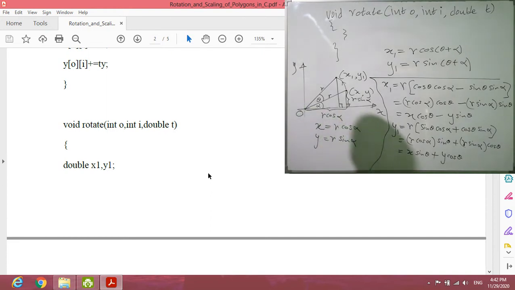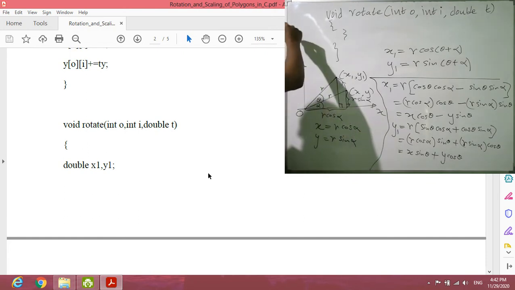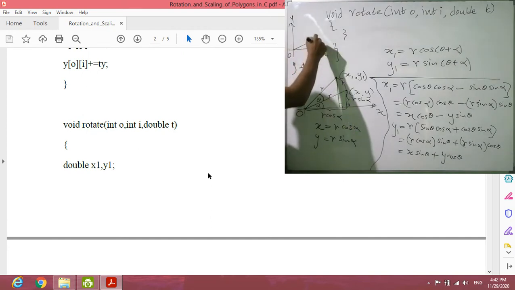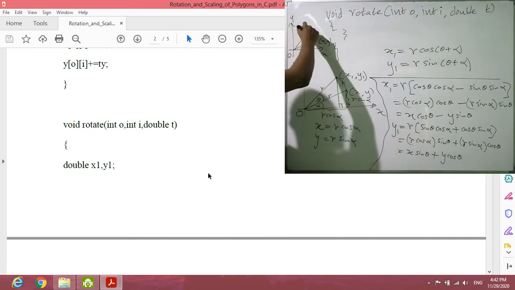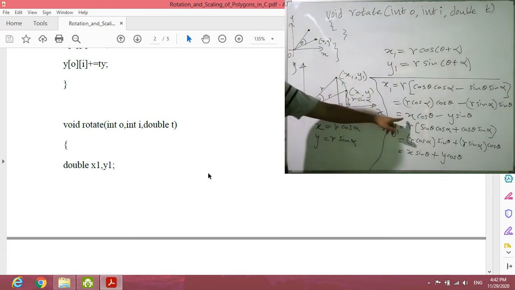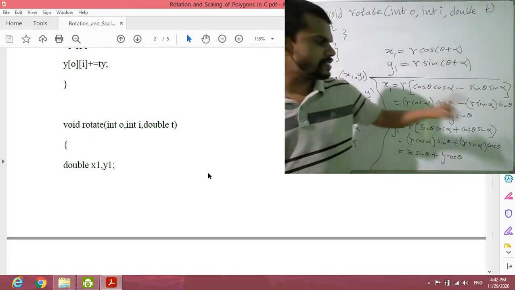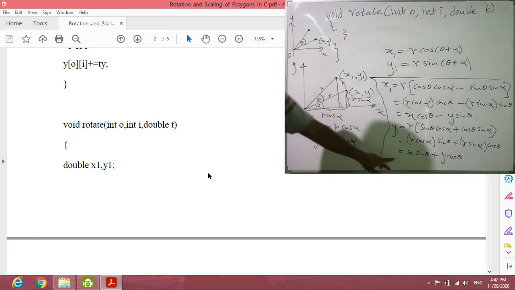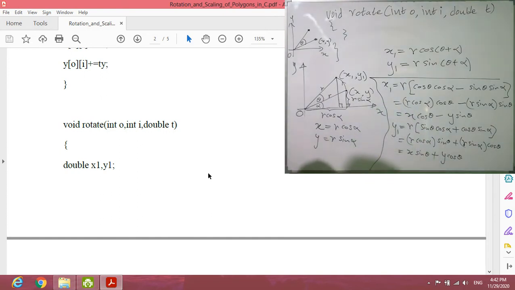Now you know, simply, if this is our coordinate system, if you have a particular point x comma y, and we rotate it around the origin in the anti-clockwise direction, then the x coordinate of this point is x cos theta minus y sin theta, and the y coordinate of this point is x sin theta plus y cos theta. Okay, so that is the summary.